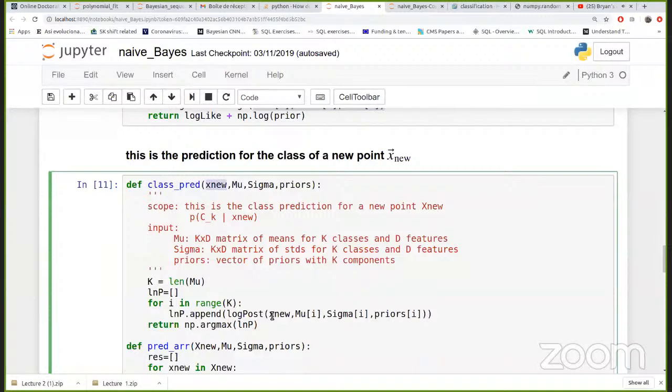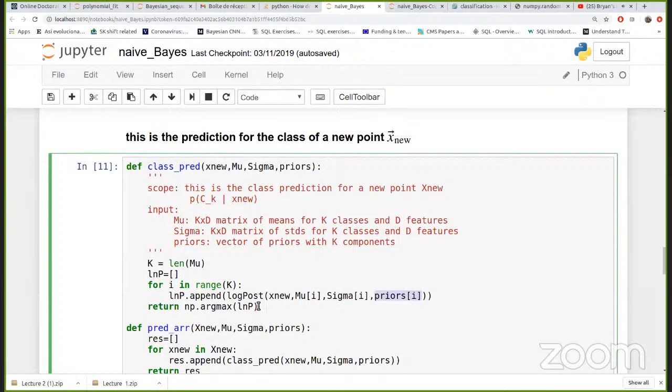And then I compute the unnormalized posterior of each class, where I runs over all the classes. So I have the mu's of all the classes, the sigmas of all the classes, and all the priors.